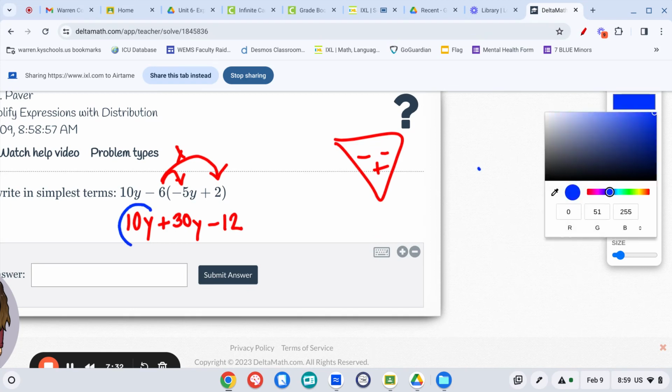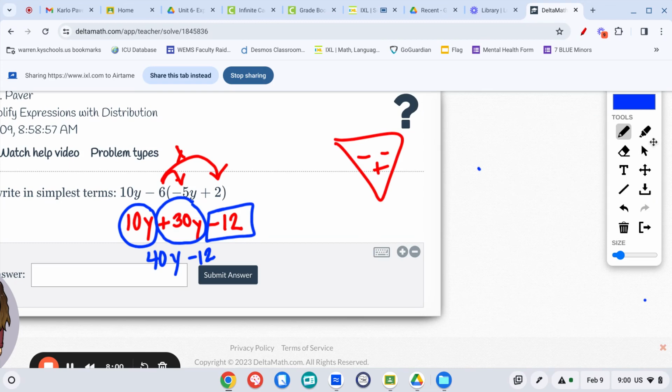So we have a 10y and a positive 30y, and then a -12. The two things that are like, which we call like terms, we are going to put together. So 10y plus 30y would be 40y. And then there's no other boxes, so you just bring that -12 down.